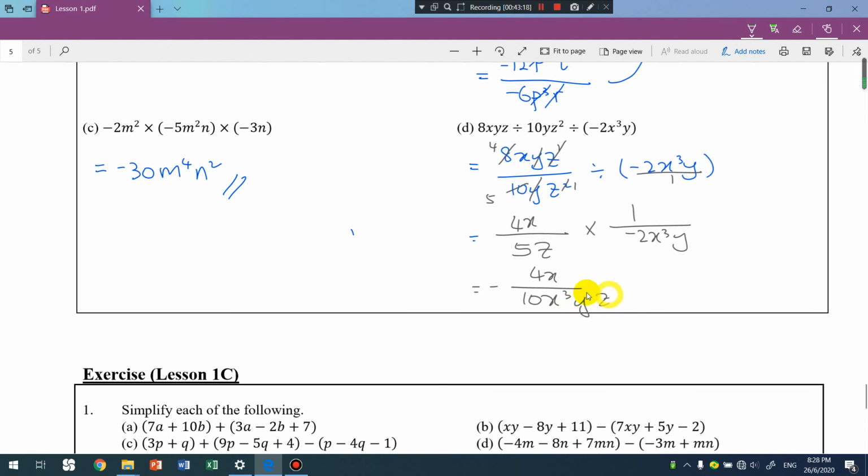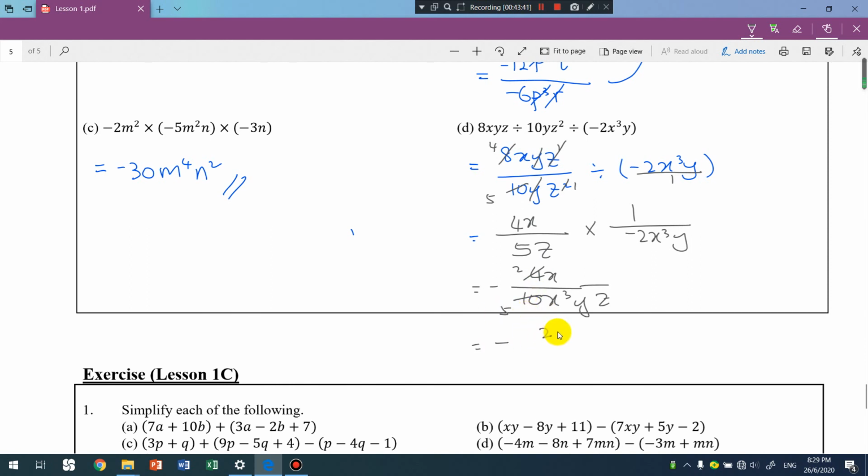Y, Z. Okay, 50. The negative you can write here or here, it is okay, but normally we prefer to write it in the middle here. Okay, but we cannot stop here because 4 and 10 we still can simplify further. 4 divided by 2, you get 2. 10 divided by 2, you will get 5.